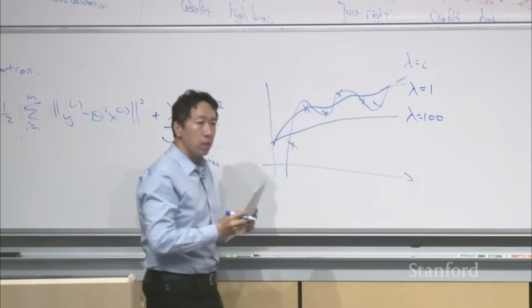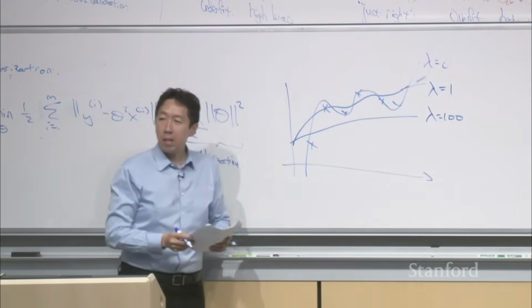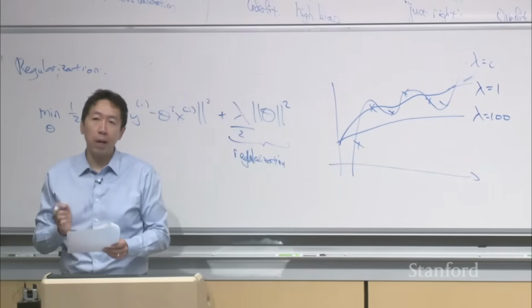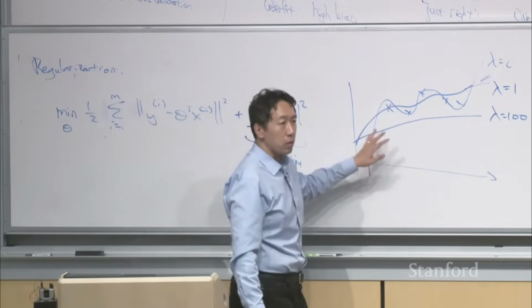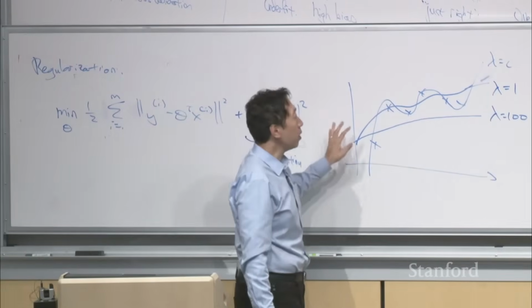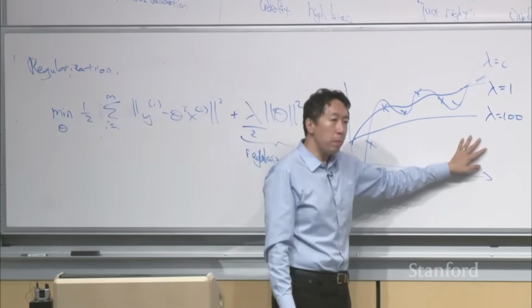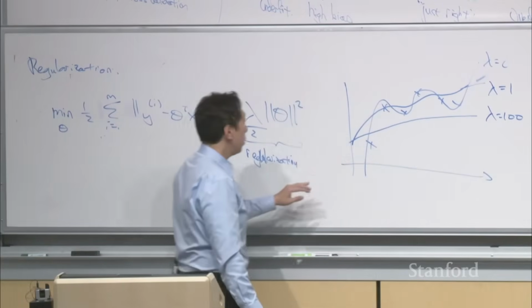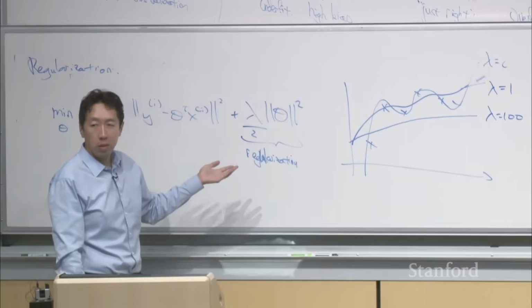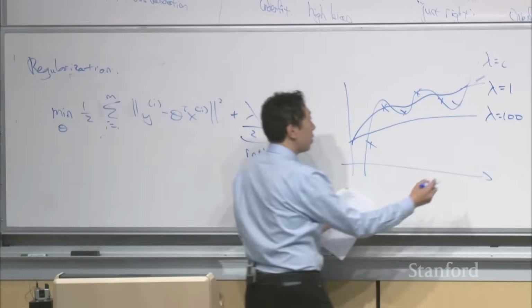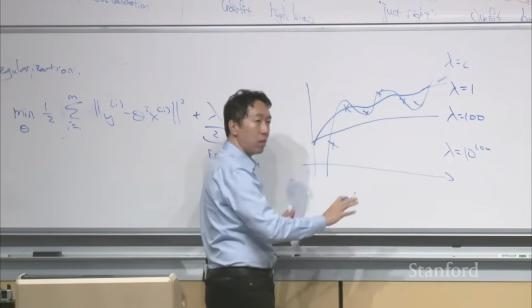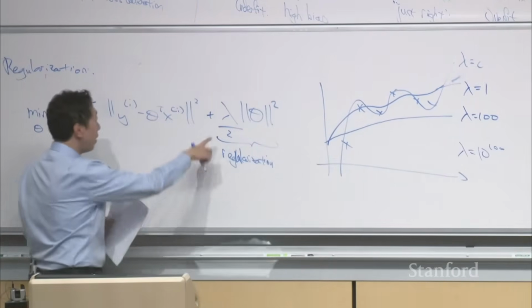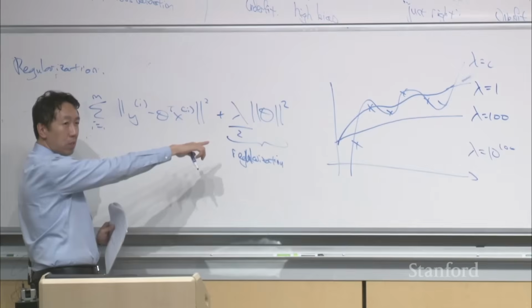Okay? So there'll usually be some optimal value of lambda where if lambda equals 0, you're not using any regularization, you're maybe overfitting. If lambda is way too big, then you're forcing all the parameters to be too close to 0. In fact, if lambda was equal to 10 to the 100 or some ridiculously large number, then you're really forcing all the thetas to be 0.